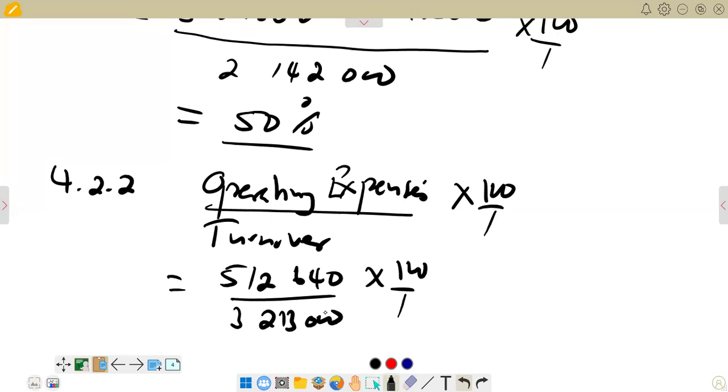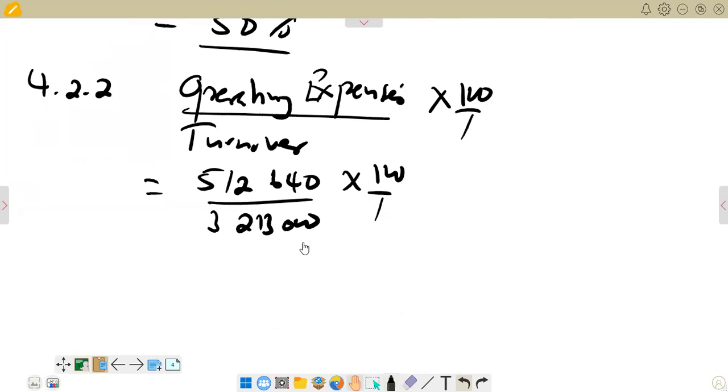The answer that we are going to get there would be in a percentage. If you calculate it, the answer is going to be 15.955%. But obviously, the question is saying round off to the nearest whole number.